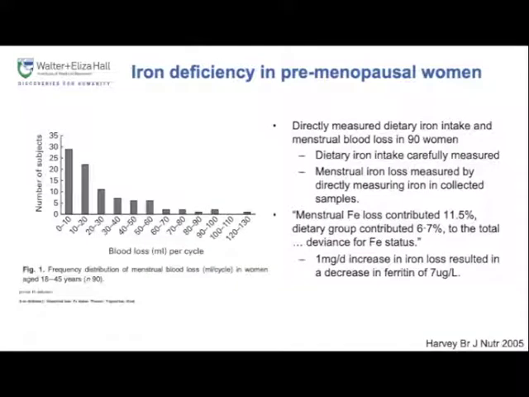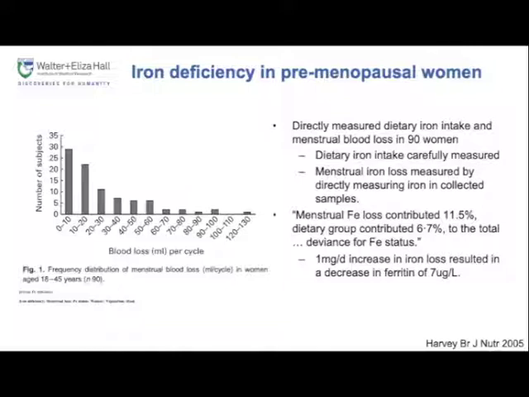In premenopausal women, of course, women undergo menstruation, and that means that they lose blood every month. The question of how much this contributes to the iron status in women was studied in a very ambitious study done in the UK, where they directly collected all the menstrual bleeding from 90 women, and they measured the iron content in the menstrual bleeding over a month cycle.